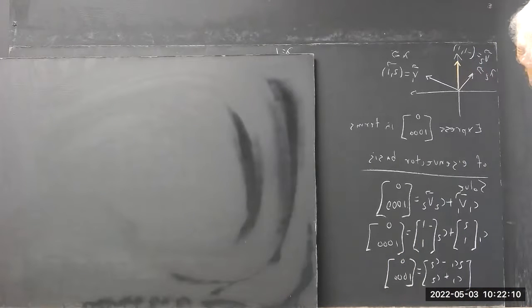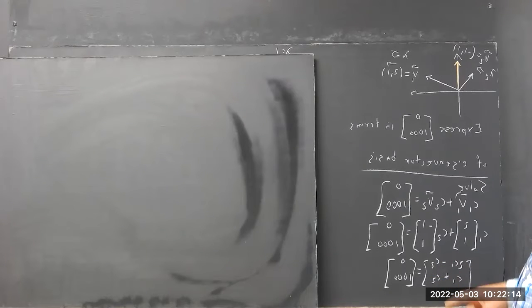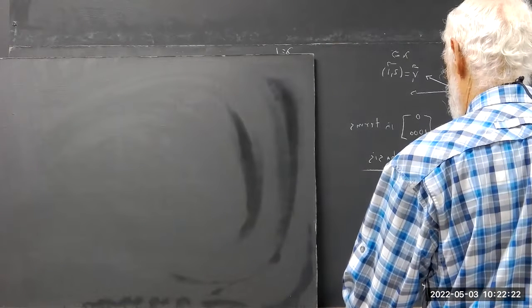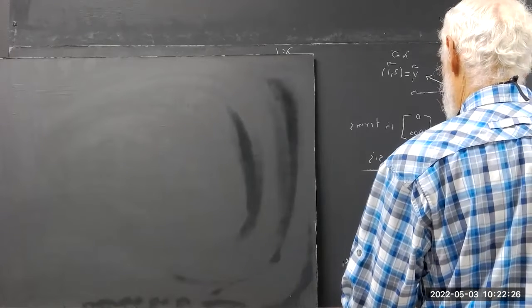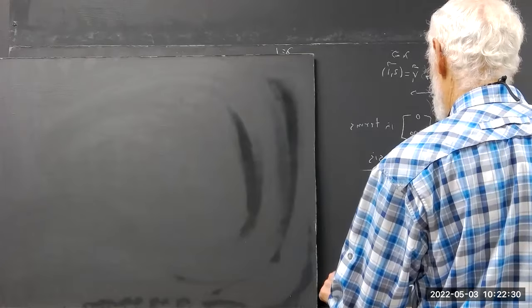Okay. And this tells you that C2 has to equal 2C1. Okay. And C1 plus C2 equals 1,000.